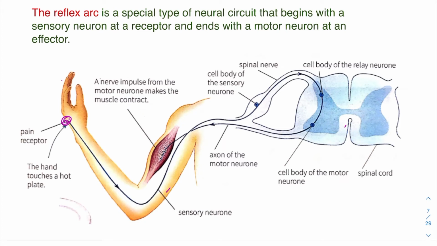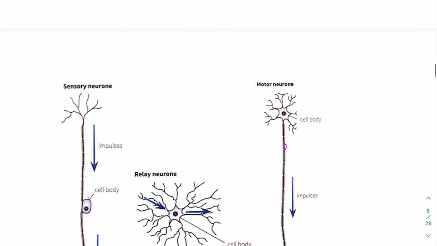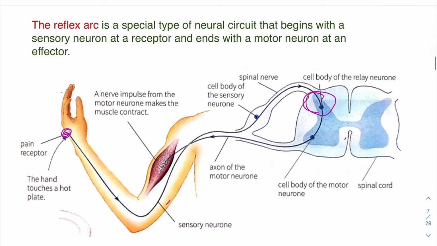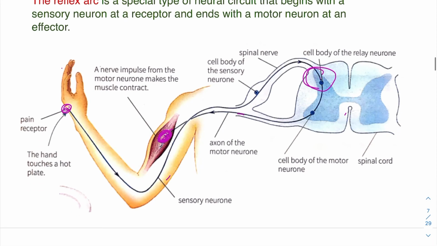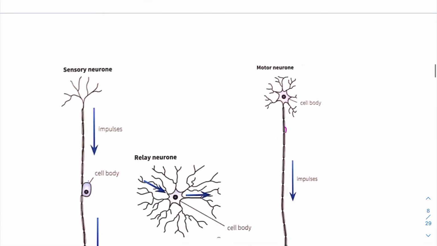Here we can see the relay neurons, which we will see in the figures on the next slide. The signal is sent to the motor neuron, and the motor neuron will send the signal to the correct effector, which is your hand's muscle.